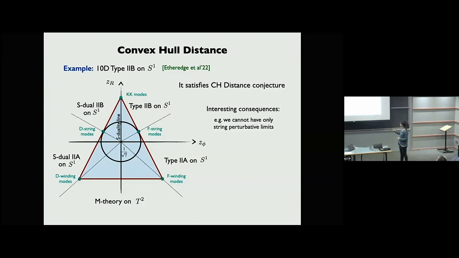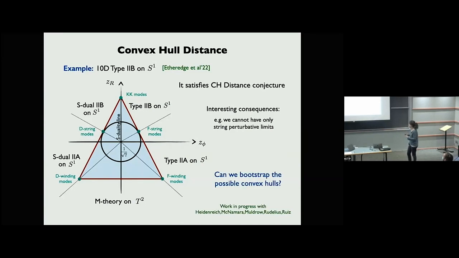For instance, if you have a string perturbative limit, you also need some decompactification, because if I only have string perturbative limits, I'm going to cut this ball. So you can think: if one limit is of one type, what the others can be, and vice versa. It gives you information about the dualities and so on.